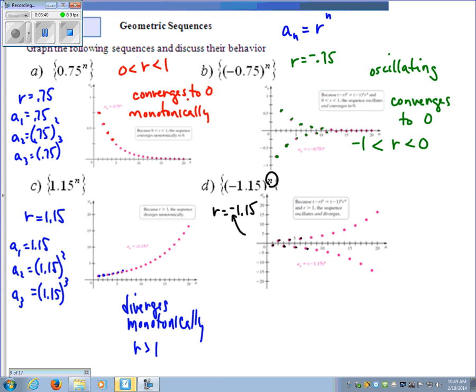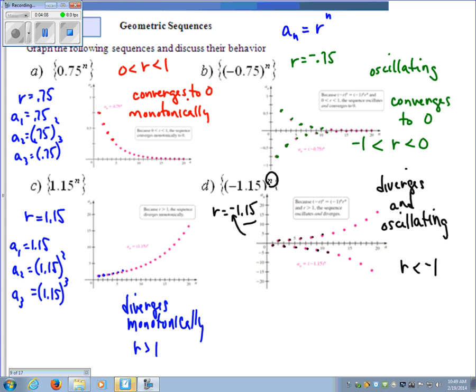And so each time these values are getting further and further away from 0 because they're being multiplied by 1.15, and it's oscillating, flip-flopping back and forth from positive to negative. So this one we'd say is diverging, and it's oscillating. And in this case, the r is actually less than negative 1.